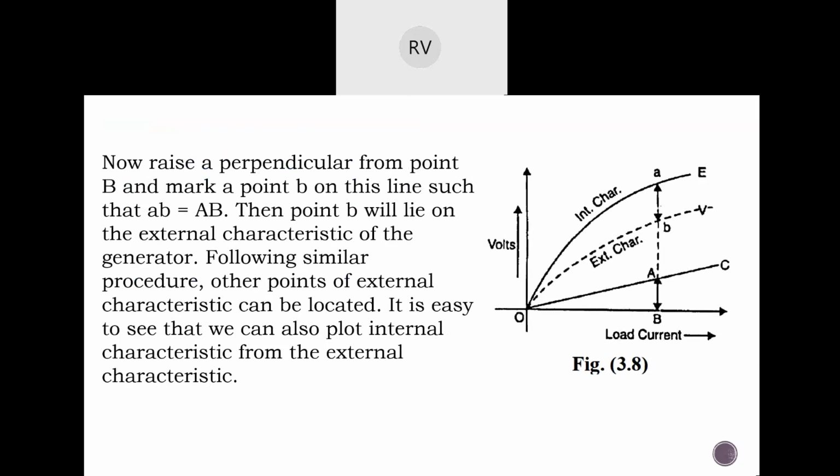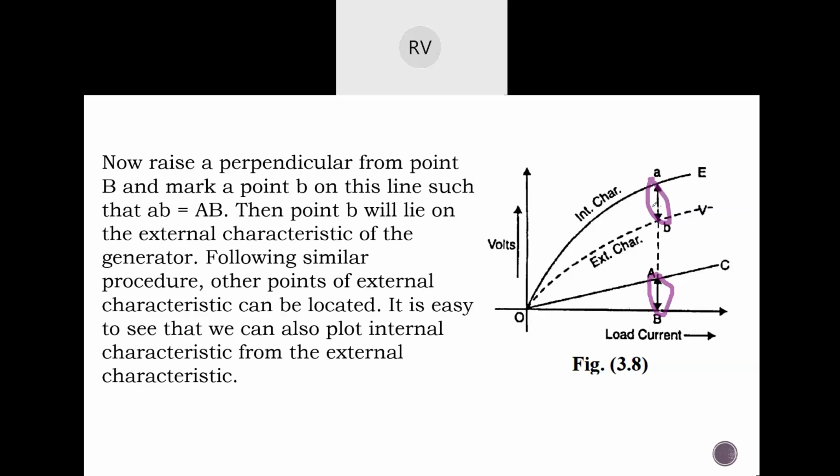He is saying that we should replicate the length AB by marking these two points. Then the point small b will lie on the external characteristic of the generator.